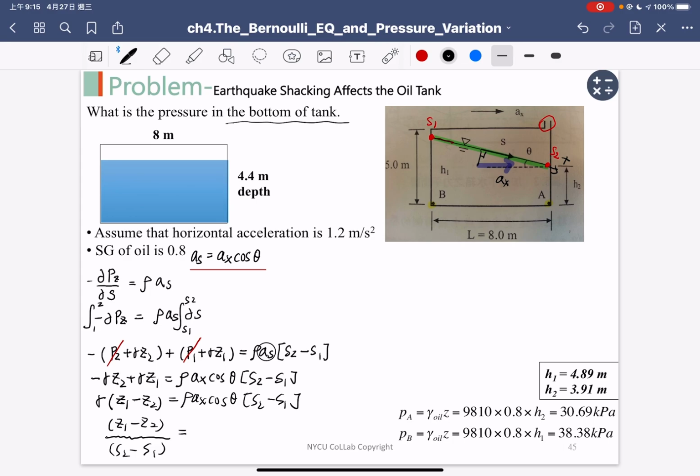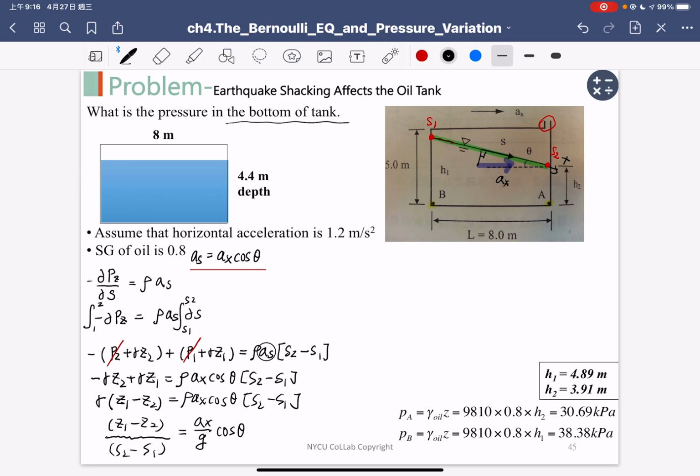They will equal, when I move the gamma to the right hand side, AX divided by G, and we still have the cosine theta, okay?